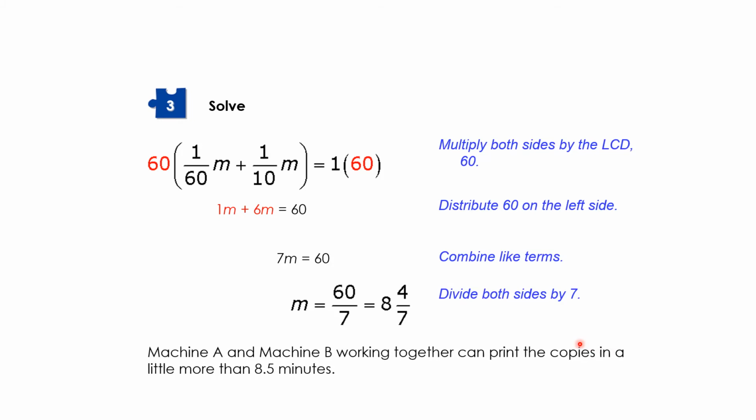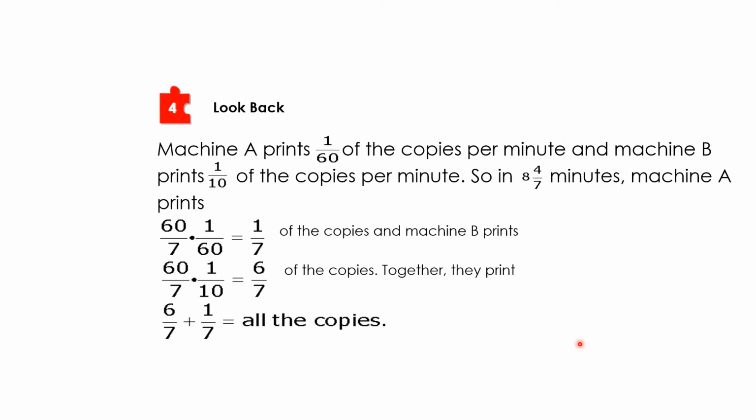Or machine A and machine B working together can print the copies in a little more than 8.5 minutes. Parang ni-round off mo lang siya. Okay, looking back, machine A prints 1/60 of the copies per minute, and machine B prints 1/10 of the copies per minute.